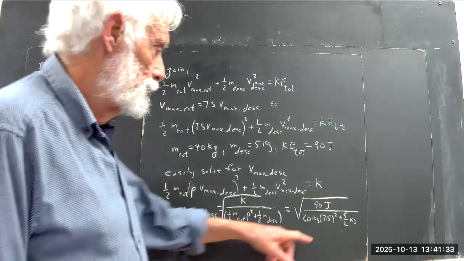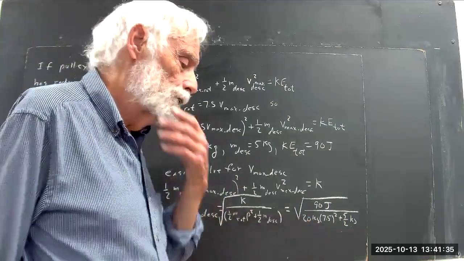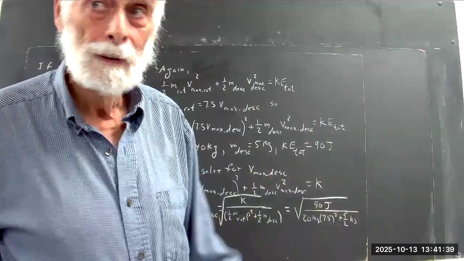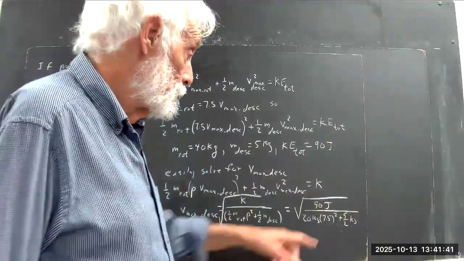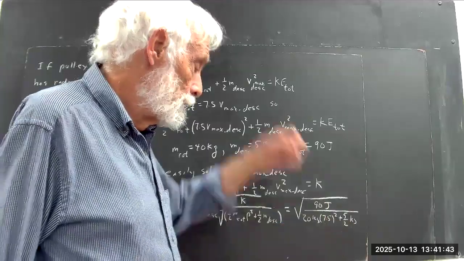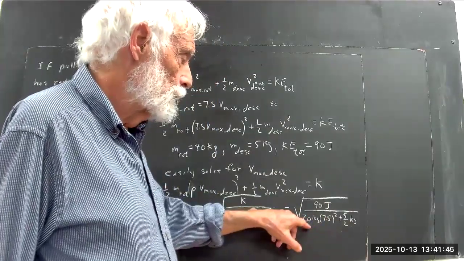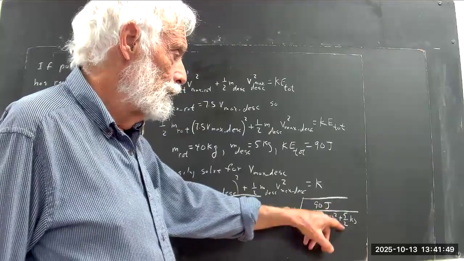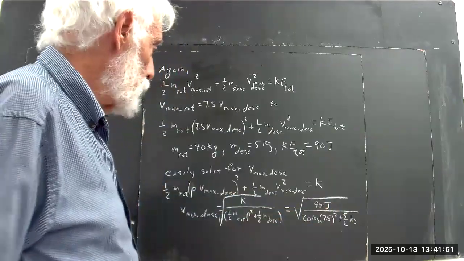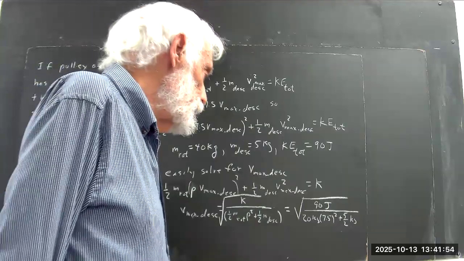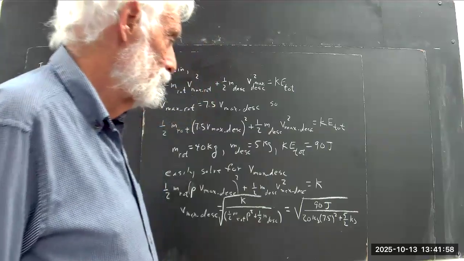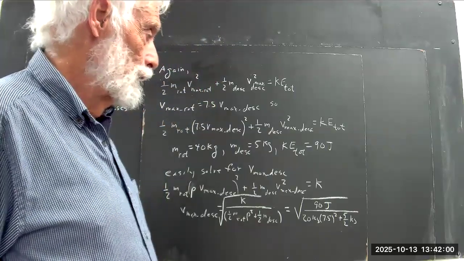It turns out 7.5 squared is about 54, 55, say 55, times 20 kilograms gives you about 1,100 kilograms. Plus 5/2 kilogram still comes out about 1,100 kilograms.